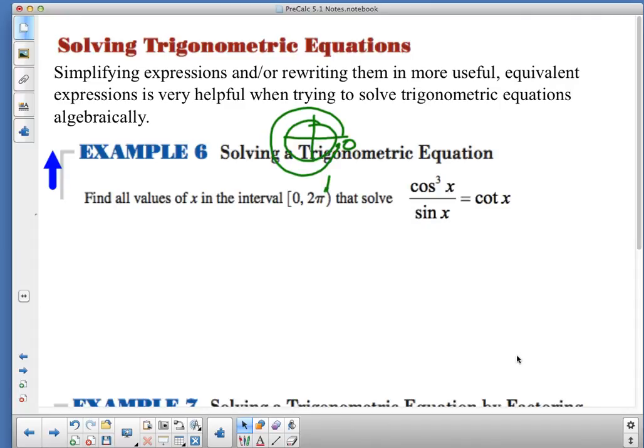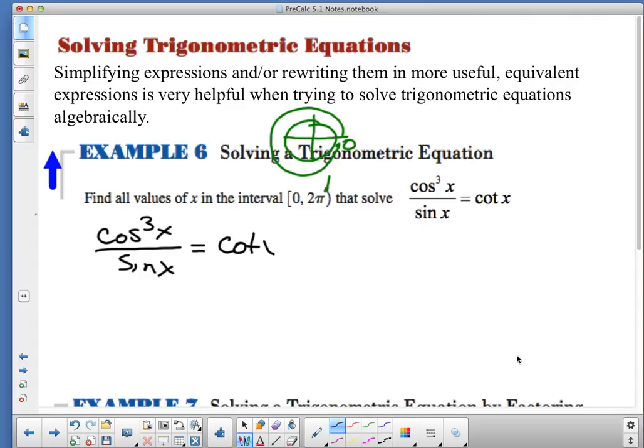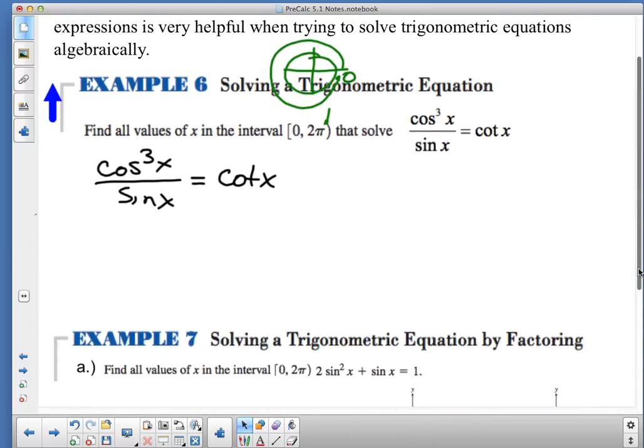Okay, so now when I'm going to solve this, I've got cosine 3x all over sine x, and this equals cotangent x. Well, keep in mind cotangent x is the inverse of tangent, and tangent is sine over cosine, so cotangent is cosine x over sine x.